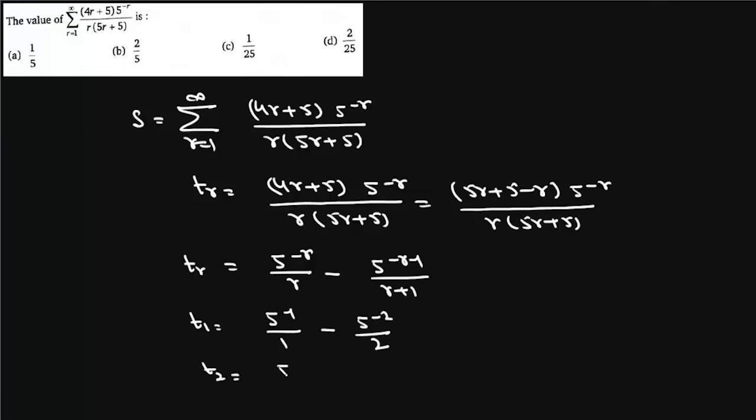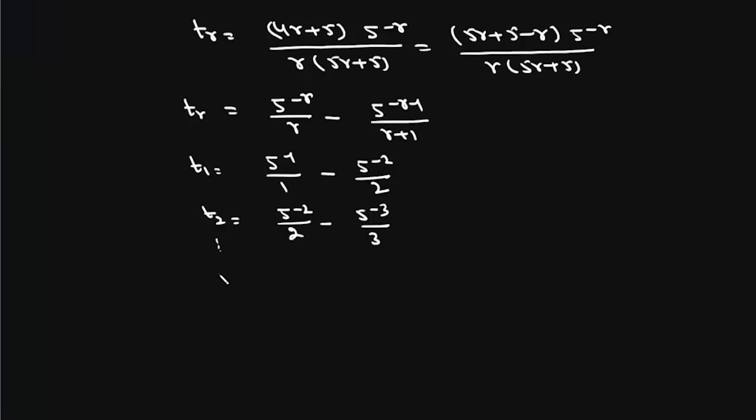Its second term will be 5 to the power minus 2 upon 2 minus 5 to the power minus 3 upon 3, and it will continue up to its nth term, which is 5 to the power minus n upon n minus 5 to the power minus n minus 1 upon n plus 1. Now if we add them, we'll get the sum of n terms.